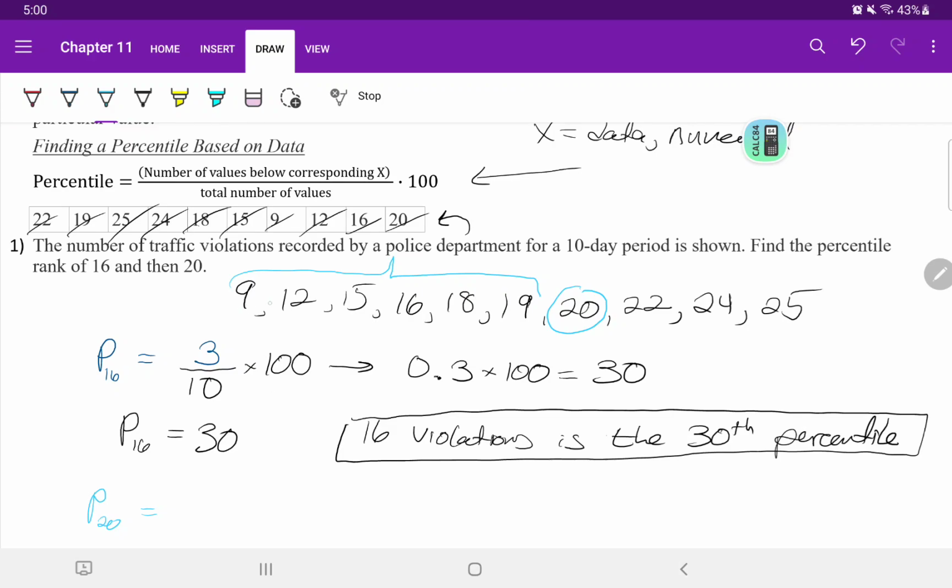And I count 1, 2, 3, 4, 5, 6. 6 data values that are below 20. So that's going to be 6 divided by 10 times 100. Do the math. And that equals 60.